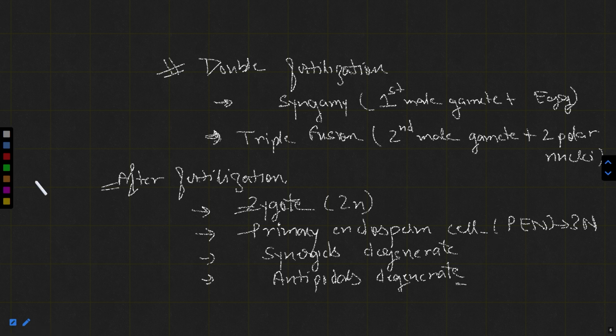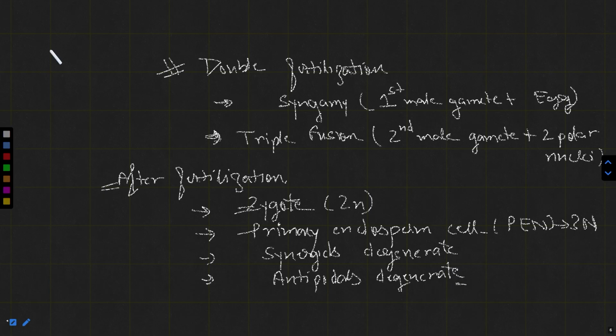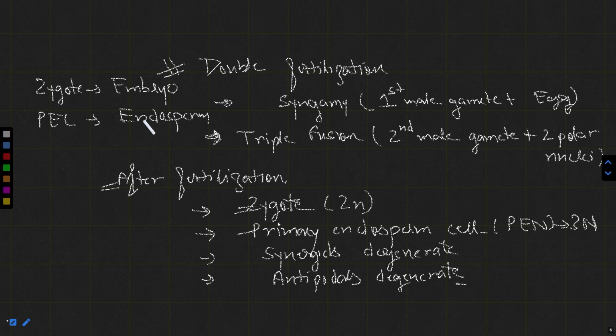So you can write here that the zygote will form the embryo, and the embryo will form the new individual, and the primary endosperm cell will form the structure known as the endosperm. So the endosperm will be triploid. The embryo will be diploid.